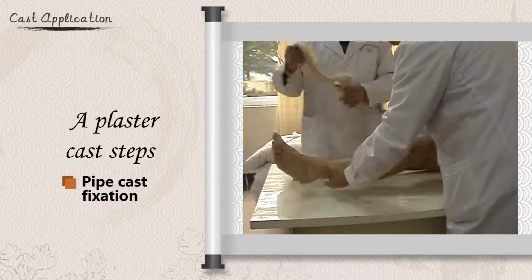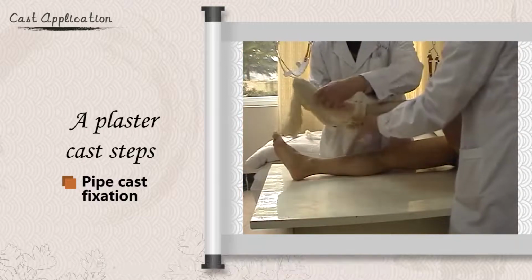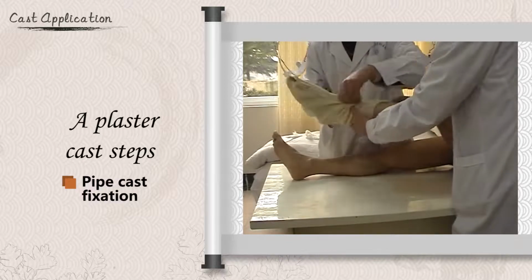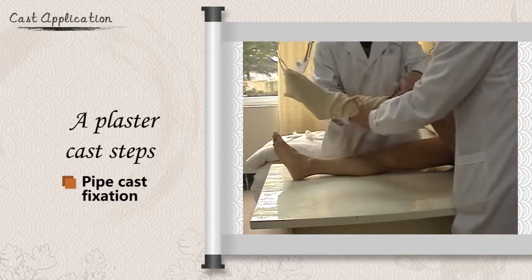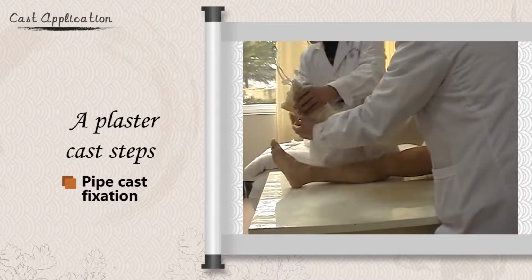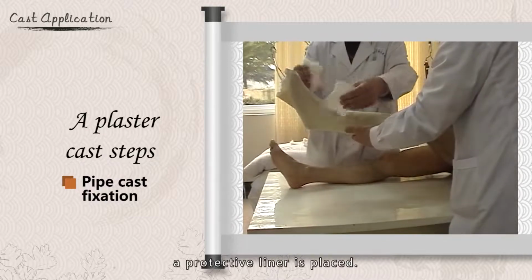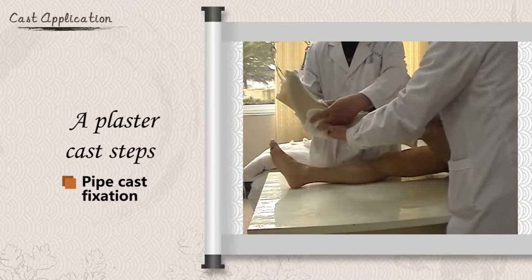Tubular plaster. A cotton wool sleeve is put on the affected limb. A protective liner is placed.